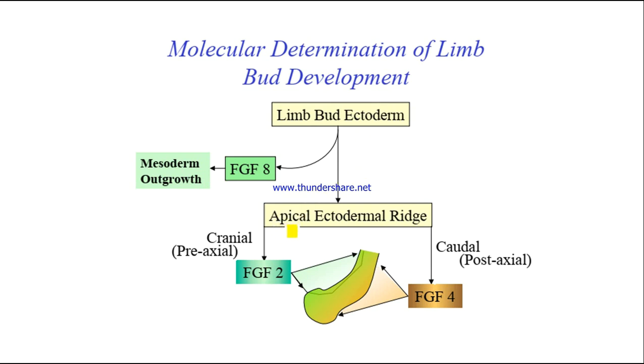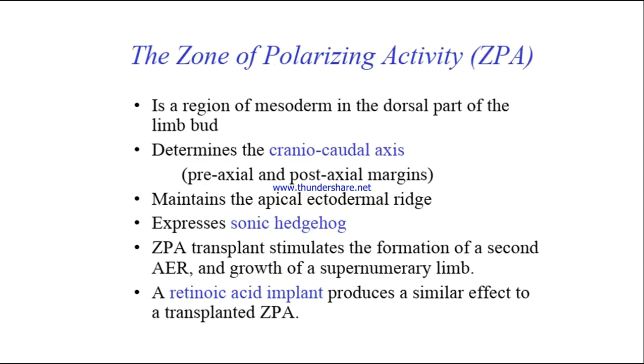We have the apical ectodermal ridge giving off FGF2 to the cranial, or preaxial, region, and of course FGF4 to the postaxial caudal region. So in the schematic we can see the different factors and how they influence the different axes.